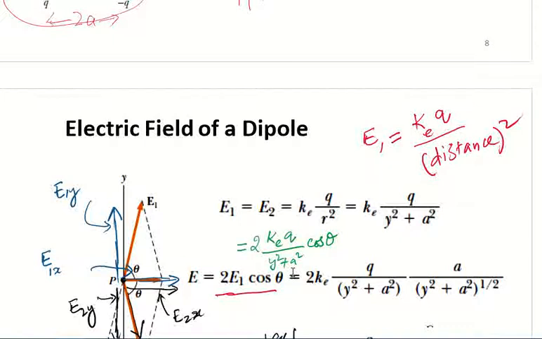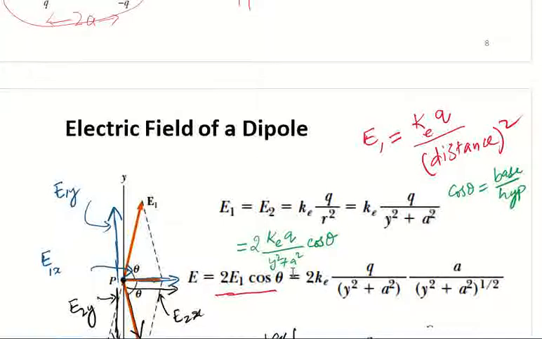and then we have to determine what cosine of theta actually is. So this is the value of electric field, and cosine of theta, as I told you, is base over hypotenuse, and the base is a, and the hypotenuse is again the square root of y square plus a square.